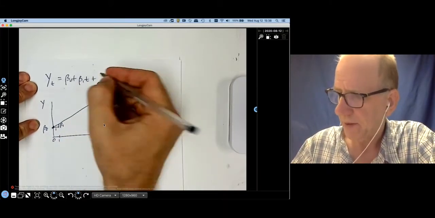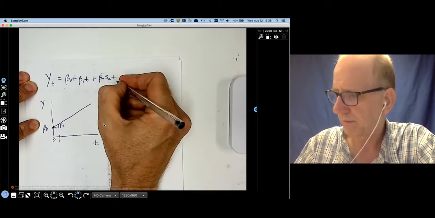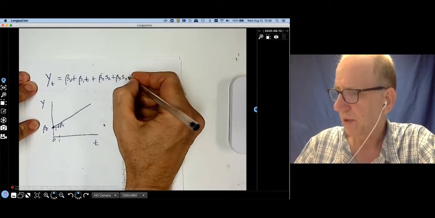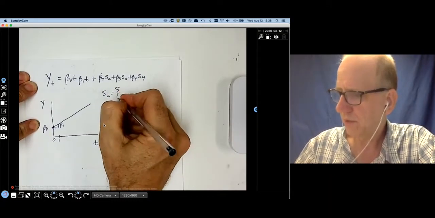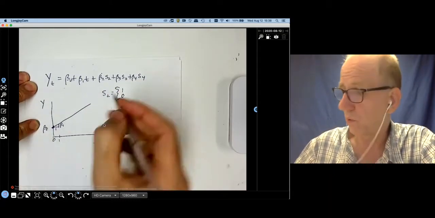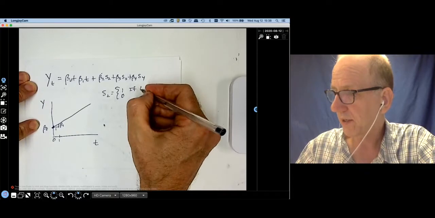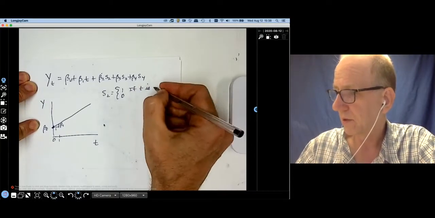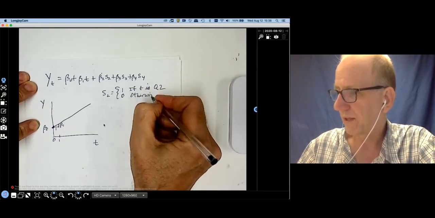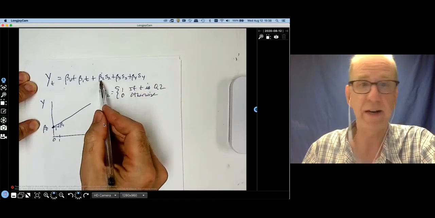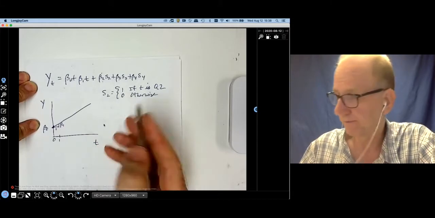But I'm going to add some seasonal effects. So we have beta 2 times S2 plus beta 3 times S3 plus beta 4 times S4, where S2 is a dummy variable that takes the value 1 if the current quarter, if t is in the second quarter, quarter 2, and 0 otherwise. So every time it's quarter 2, we add an effect beta 2, otherwise we don't add beta 2.